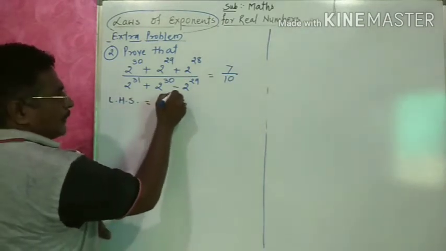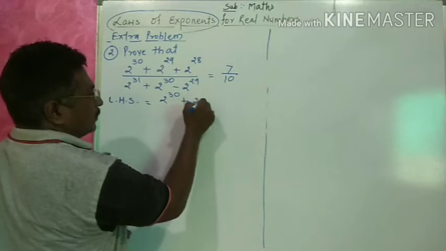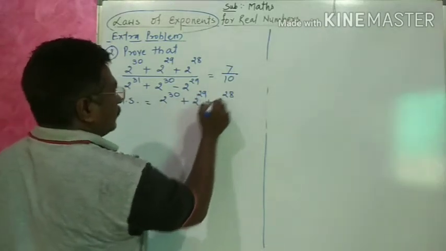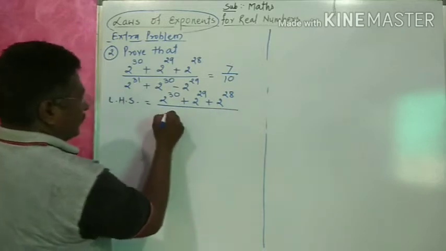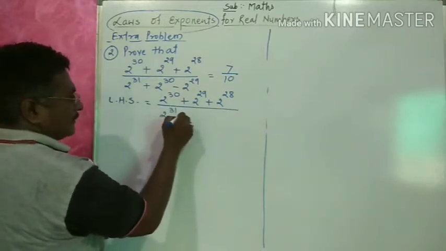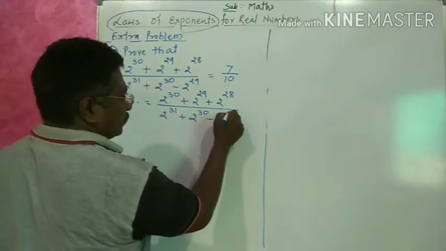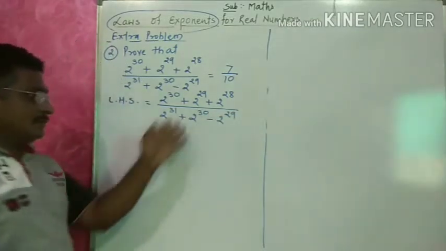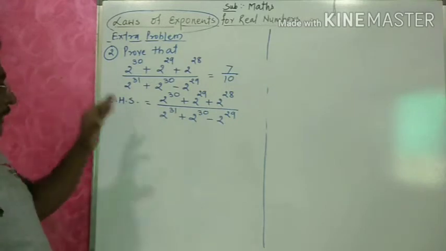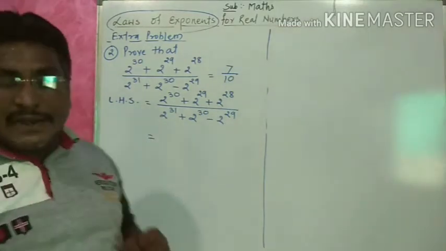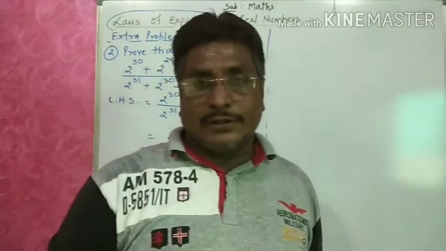2 raised to the power 30 plus 2 raised to the power 29 plus 2 raised to the power 28, by 2 raised to the power 31 plus 2 raised to the power 30 minus 2 raised to the power 29. Now we consider the left hand side. For plus and minus, there is no law.